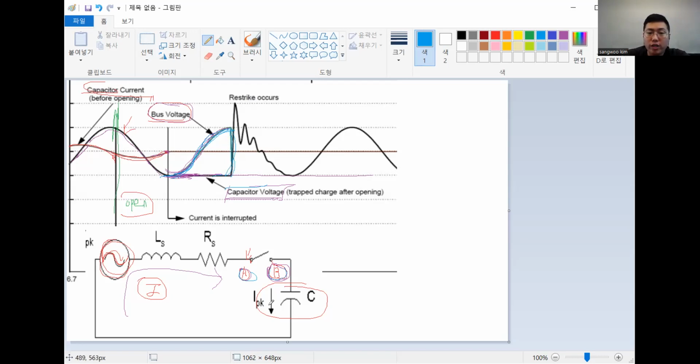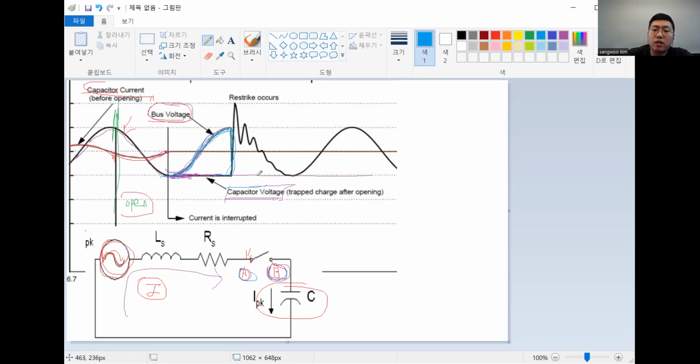So an arc happens. As I explained, an arc is actually a plasma, but what I mean is that it behaves like a conductor, and current can flow while the arc exists. I will say plasma arc, same meaning.